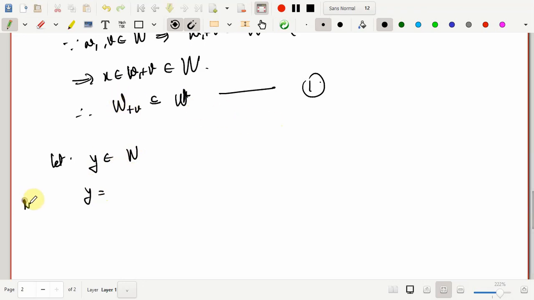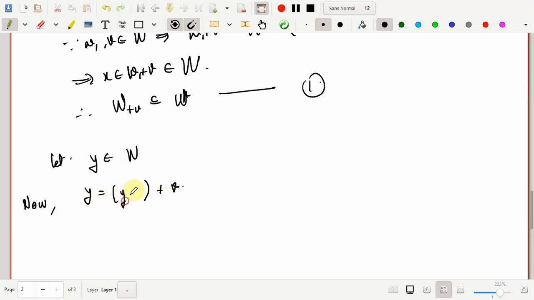Now what should be the trivial way of expressing this y as some element of W plus v? See, I want this to be some element plus v.